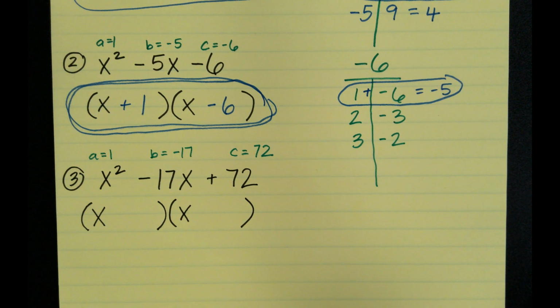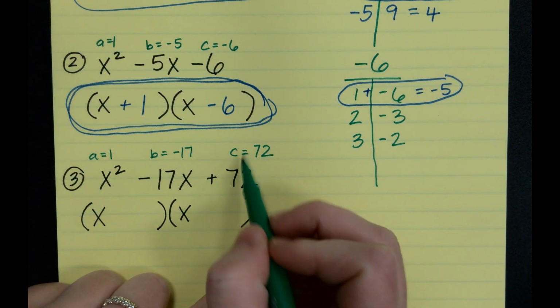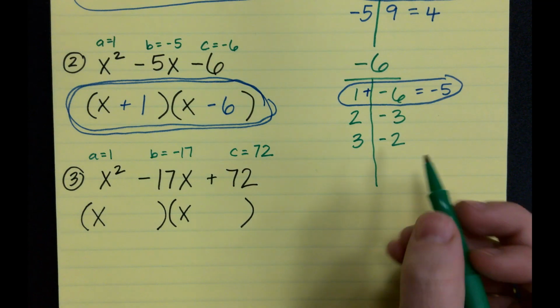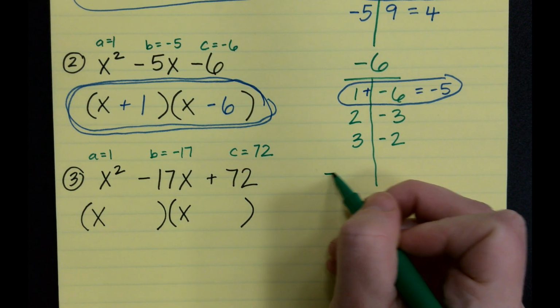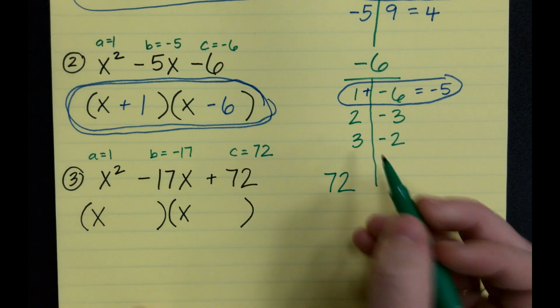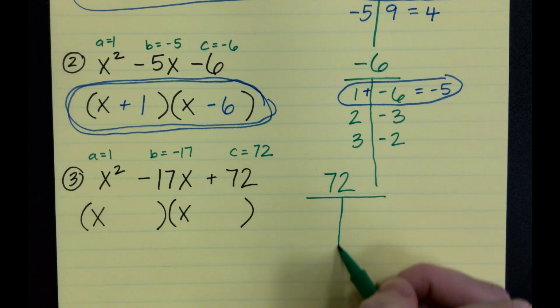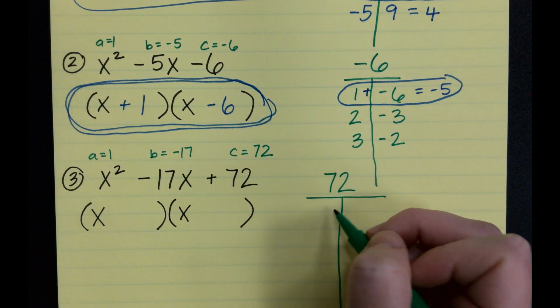To figure out what is going to go with our x's, what should we start by doing? Yeah, we want to figure out all the numbers that multiply to 72. So let's start by writing 72 and making a little T chart of all the numbers that we could multiply to get 72.